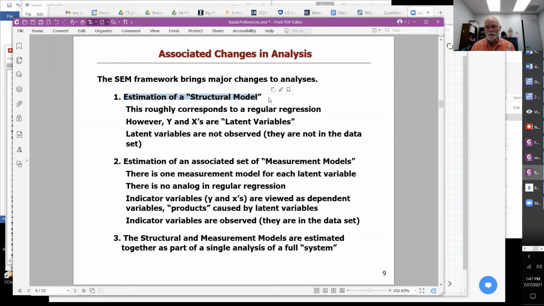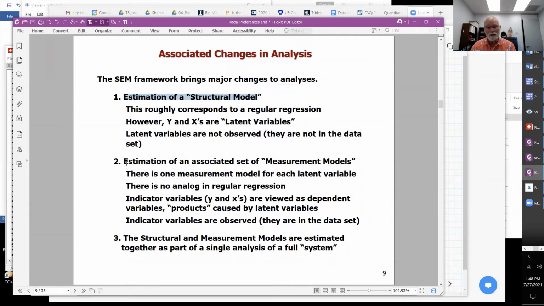If you had accurate latent variables, then the structural model would be the coefficients you get when you regress a latent y on a latent x. In your regular regression, you're regressing an observed y on an observed x. And you're taking that as a stand-in for the true structural regression.